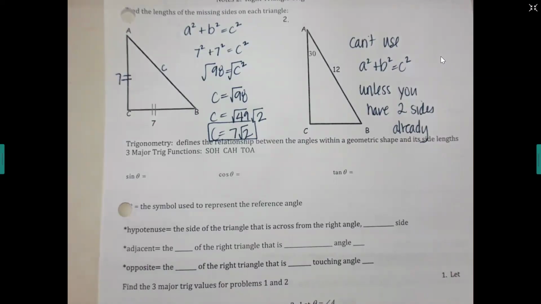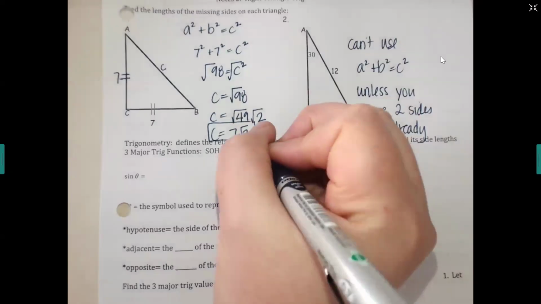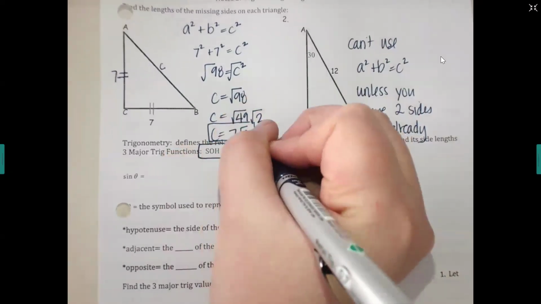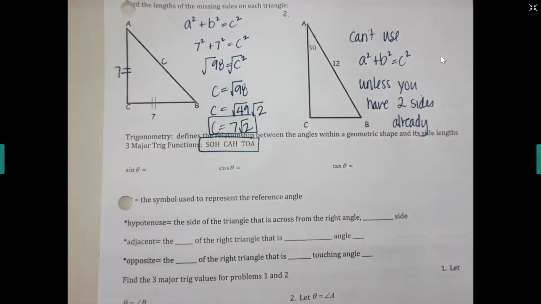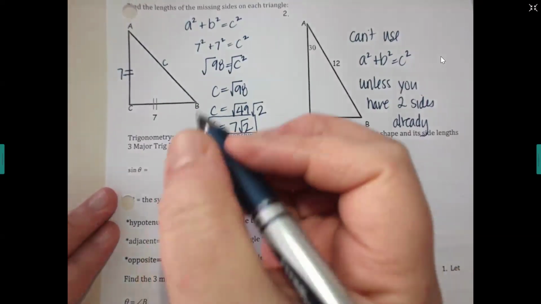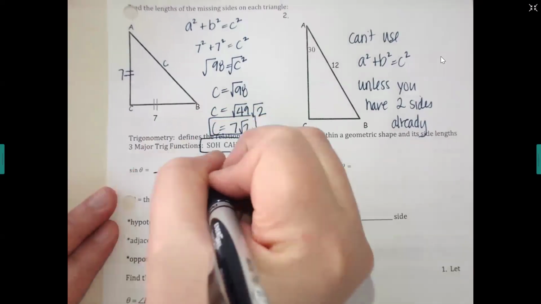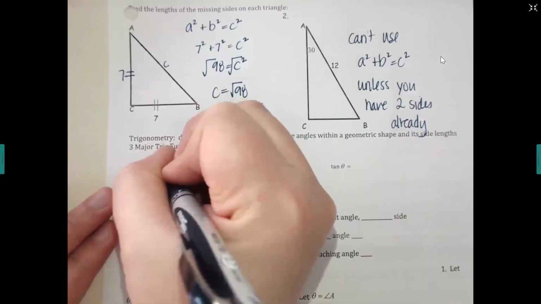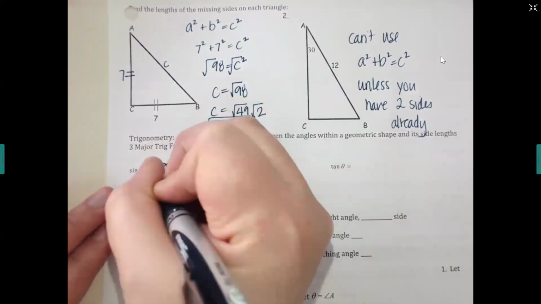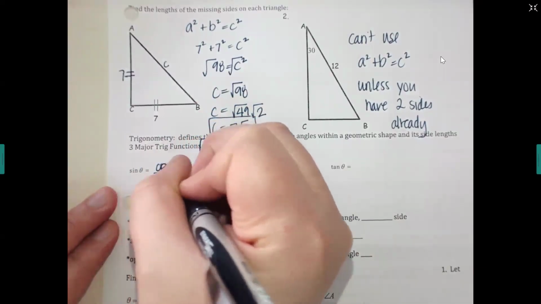All right, so we are going to go back to geometry. Let's put computers away, please, just for right now. So when you were in geometry, you learned sine, cosine, and tangent. Okay, the abbreviation is SOHCAHTOA. Does anyone remember what the SO stands for? Sine equals what? Opposite over hypotenuse.